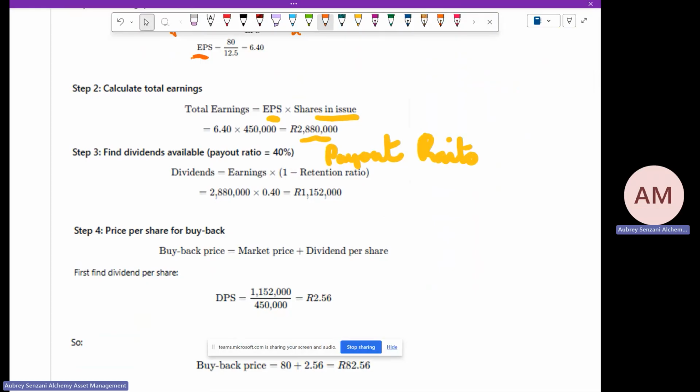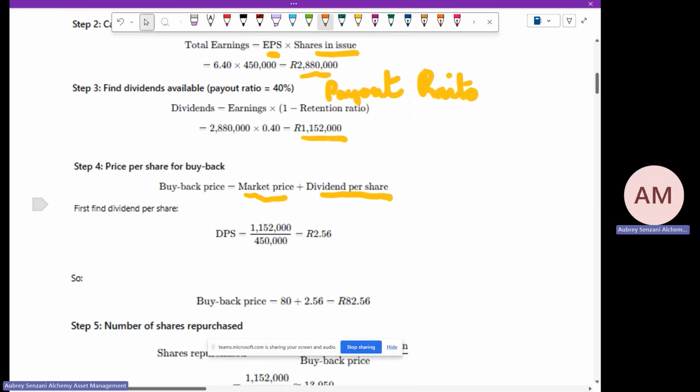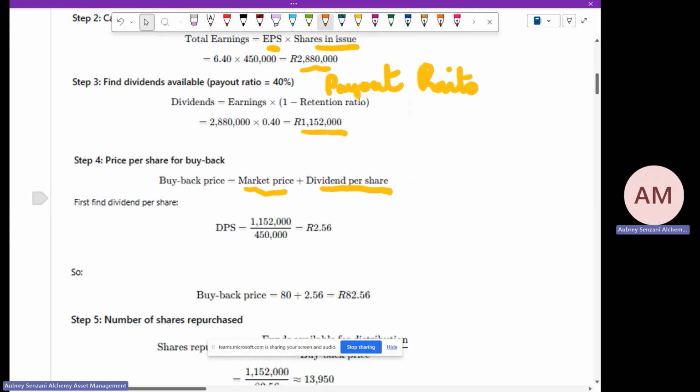Then the next step: price per share to buy back. This is what we are going to pay out in dividends in total. We know the market price, which is 80, but we don't have the dividend per share. We have the total dividends, so we calculate dividend per share, which is the amount we're paying out in dividends divided by the total number of shares, the 450.